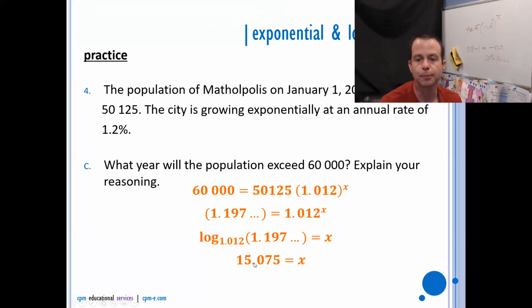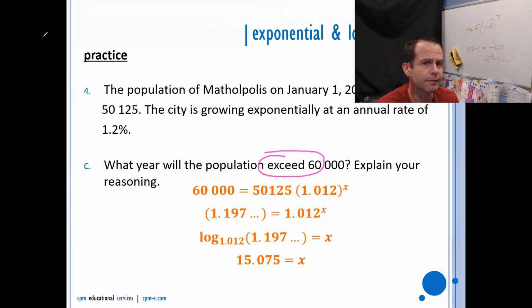And we get 15.075. Now, that is the exact moment in time when I am at 60,000. Now we have to interpret the question. The question says, when will I exceed 60,000? That means I want to be greater than 60,000. So what year will I exceed 60,000? Well, 15.075 means it's going to take 15 years and a little bit, but it's not going to take much more, right?